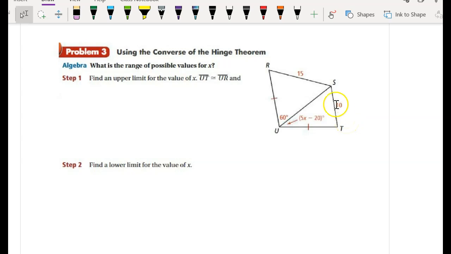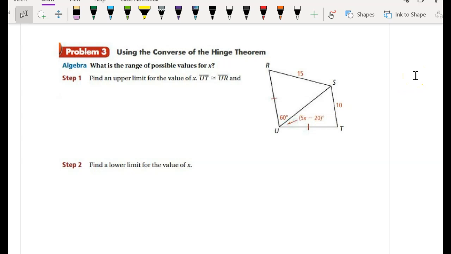How do I know that? I know that because of the opposite sides. My longest side is 15. My smaller side is 10. Now I know I can use the hinge theorem because RU is congruent to TU and SU is a shared side, so I know those are the same. So that is how I'm able to use the hinge theorem.